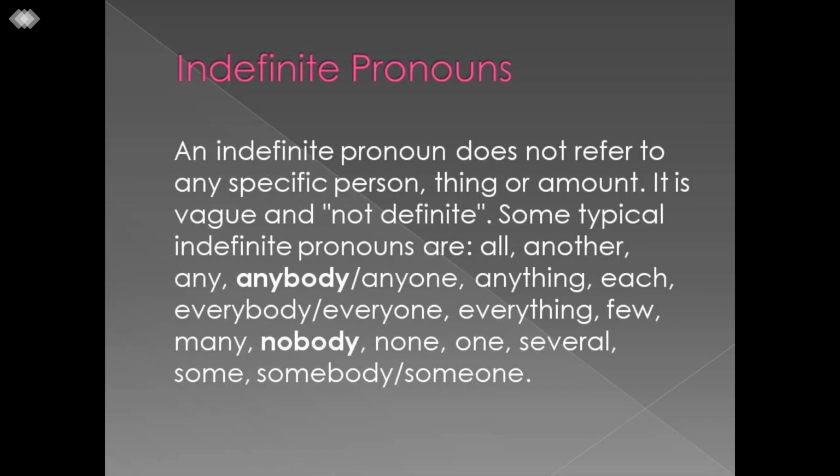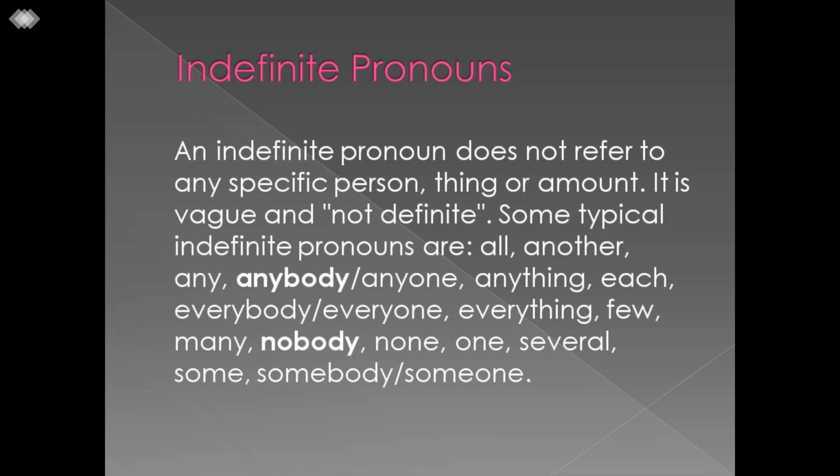The fourth pronoun is indefinite pronouns. An indefinite pronoun does not refer to any specific person, thing, or amount. It is vague and not definite. Some typical indefinite pronouns are all, another, any, anybody, anyone, anything, each, everybody, everyone, everything, few, many, nobody, none, one, several, some, somebody, and someone.